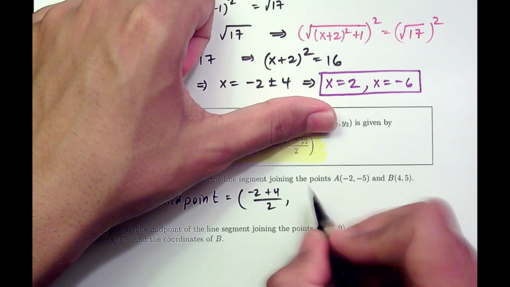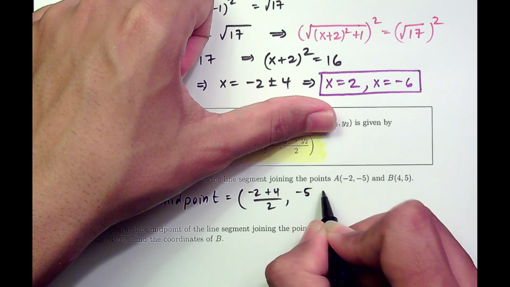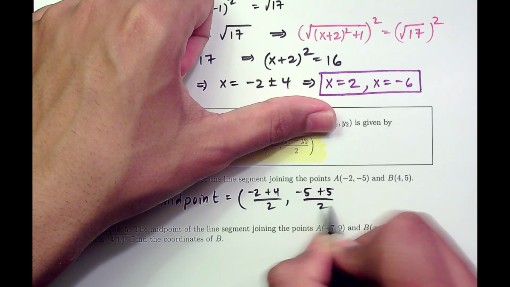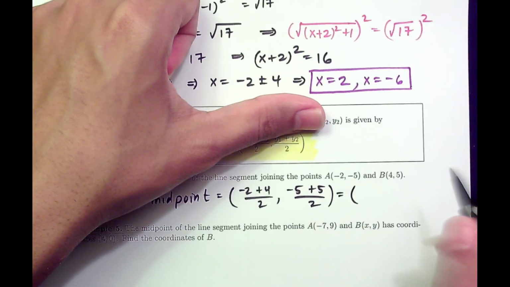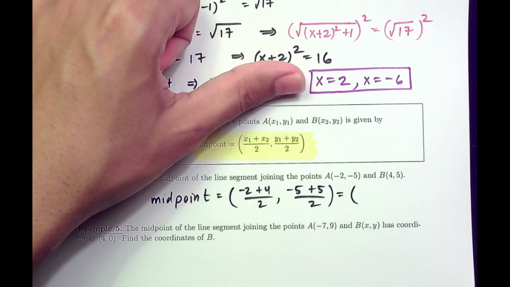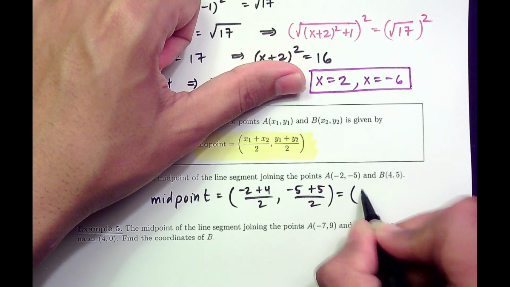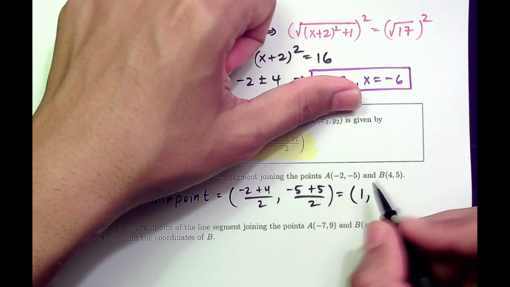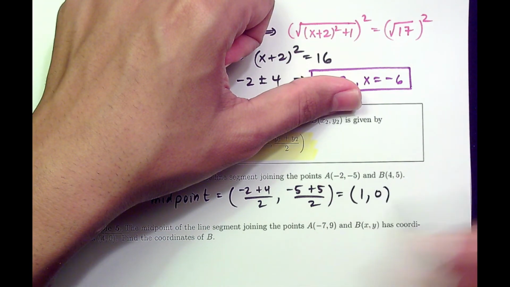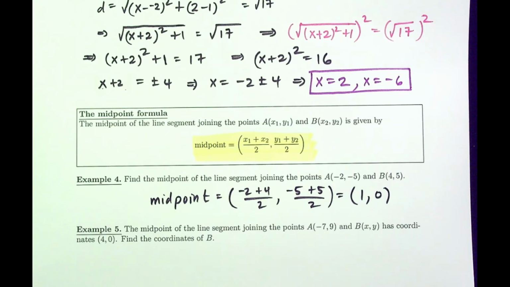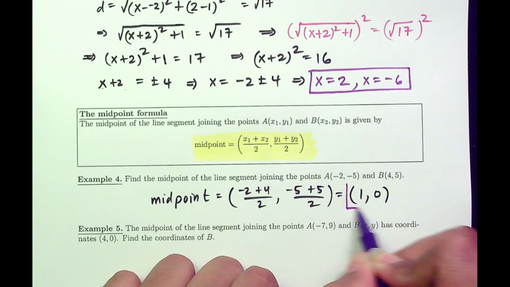The average of the y's will be (-5 + 5) divided by 2. And simplifying, -2 + 4 is 2, and 2 divided by 2 is 1. This one gives you 0 over 2, which is 0. And that's all there is to that.